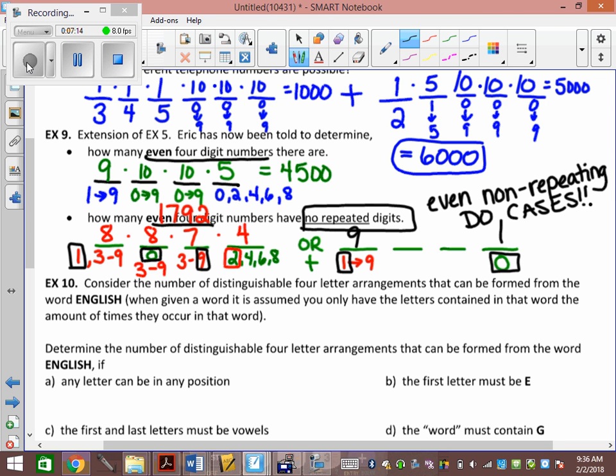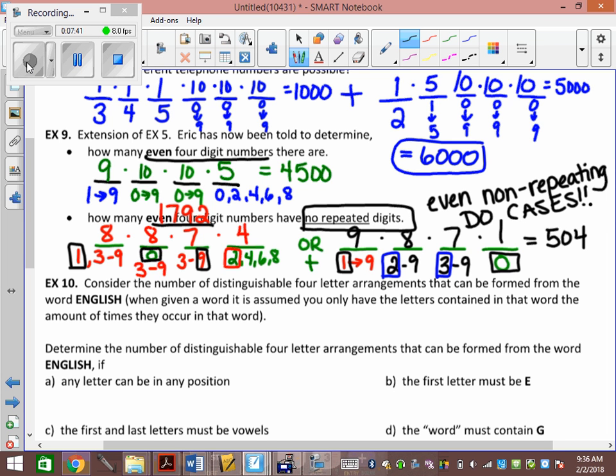Hold the 1. Now we have 2 to 9, which is 8. Hold the 2. Then we have 3 to 9, which is 7. What's 9 times 8 times 7 times 1? 504. Then what do we have to remember to do?